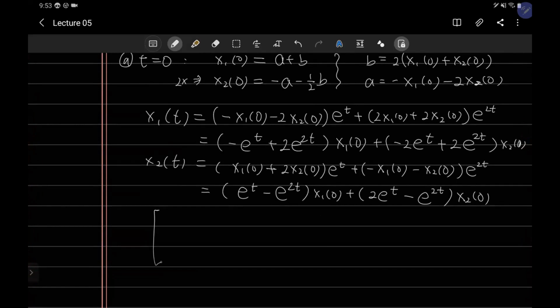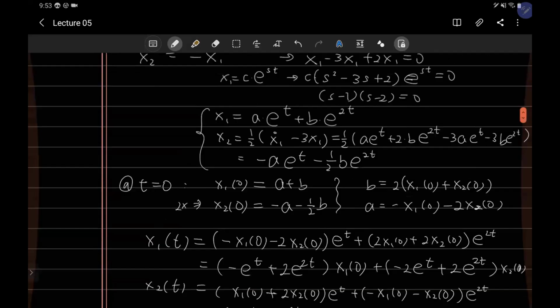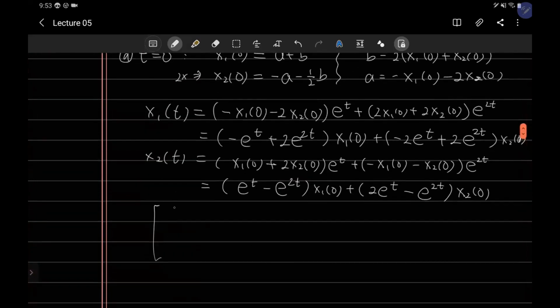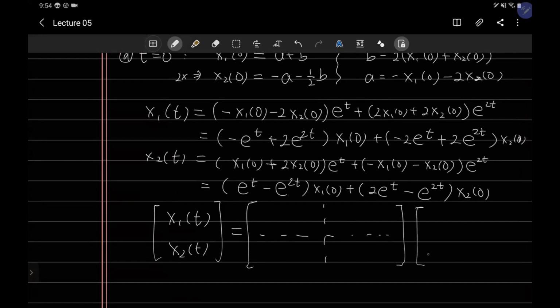So we want to write down this relation in the form of a matrix. So we would have some matrix here, and then we would have x1 0 0 x2 0.